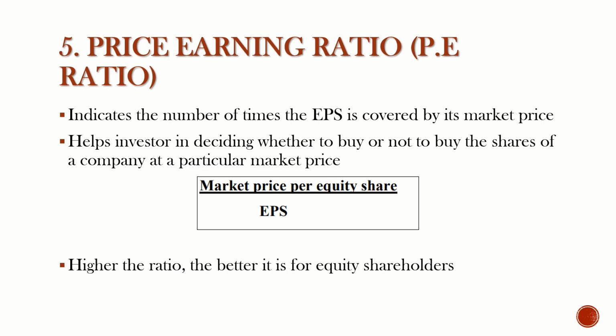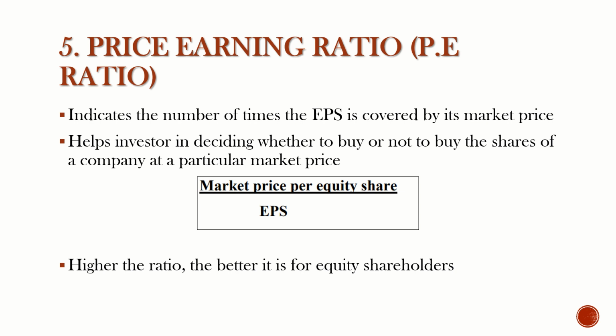Now let's see another ratio which is similar to the name of EPS, but it is known as PE ratio, that is price earning ratio. So the price earning ratio shows the relationship between the market price of a share and the EPS. That means it indicates the number of times the EPS is covered by its market price.